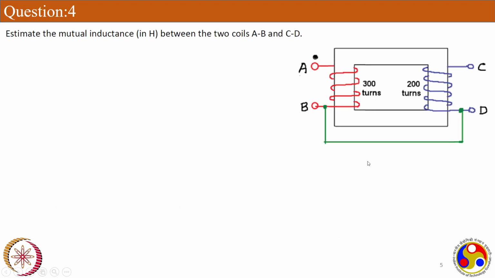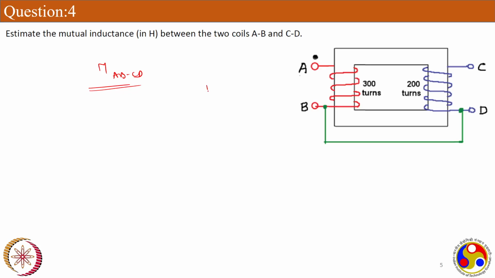So, estimate the mutual inductance between the two coils AB and CD. Mutual inductance is denoted by the letter M, right? M of AB, CD is asked. So any idea how can we get the M? The N1 and N2 by reluctance, right? Right, exactly.